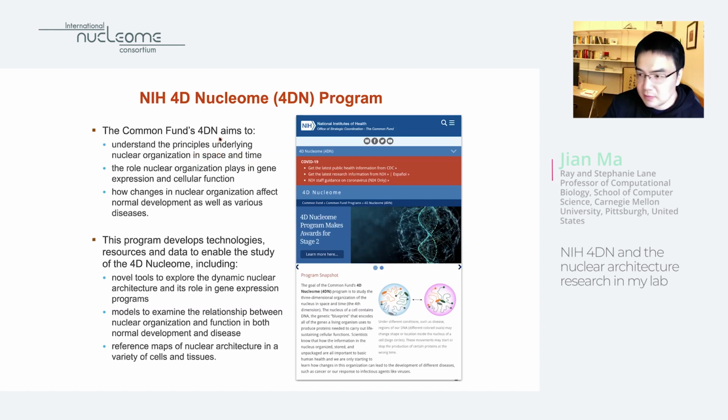So 4D, the fourth dimension, is time: we want to look at the changes of the 3D genome over time in normal development or disease progression, and to understand the roles of nuclear organization in gene expression and cellular function, and how these changes affect normal development and also various types of diseases.